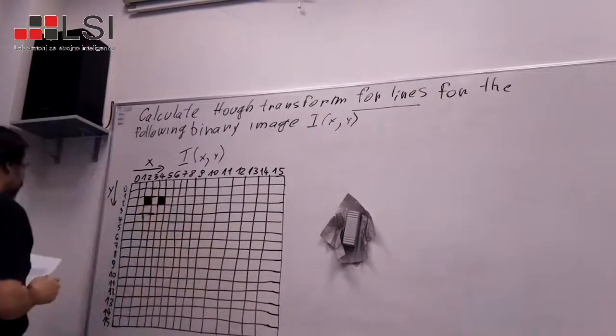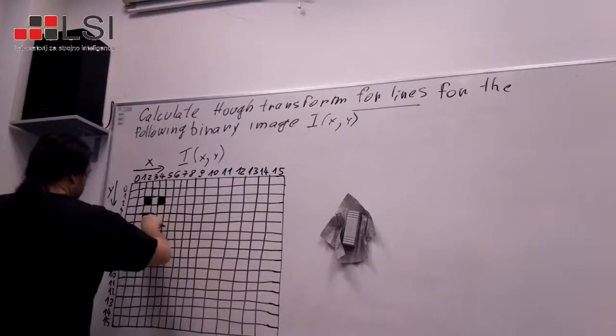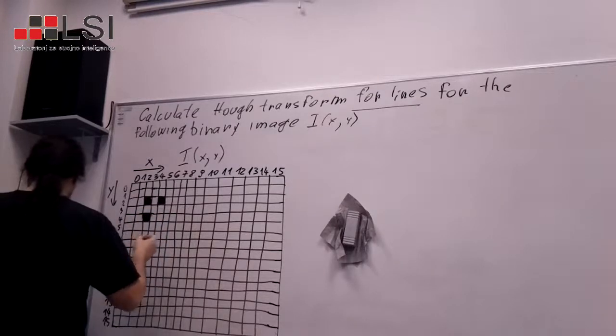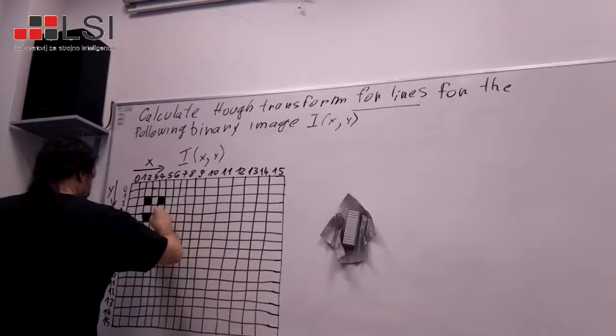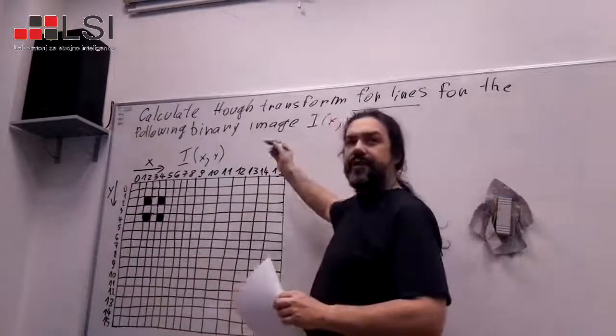Then we have 4, 2, 4, so here is the third positive pixel. And then 4, 4 is the next one.